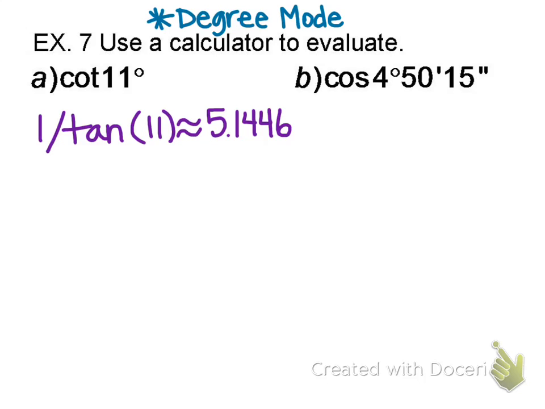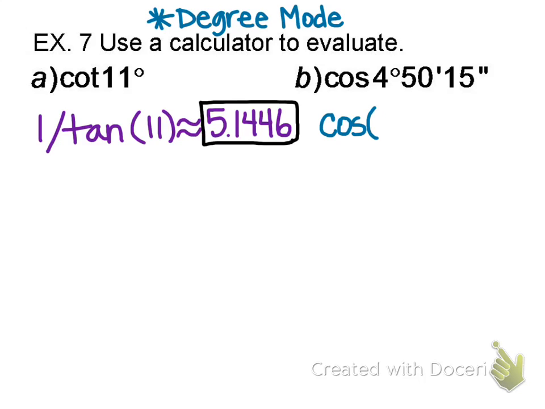Okay, now on B, I have the cosine of 4 degrees, 50 minutes, and 15 seconds. And we saw this type of notation in a previous section. So as I type it in the calculator, I'm going to go ahead and account for the degrees, minutes, seconds. So cosine is what I can type first.